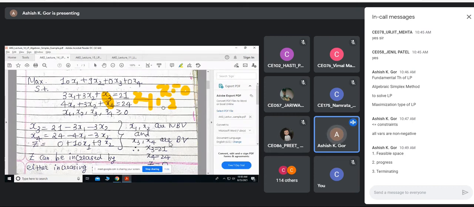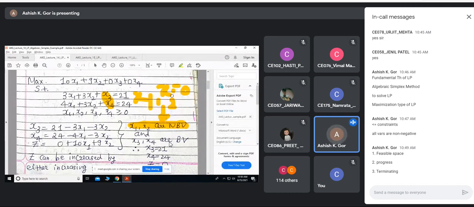That is, I make x1 and x2 non-basic variables. Yesterday, I told you the reason why non-basic variables are set to 0, because otherwise you get solutions which are inferior in nature. So that's why it is set to 0.